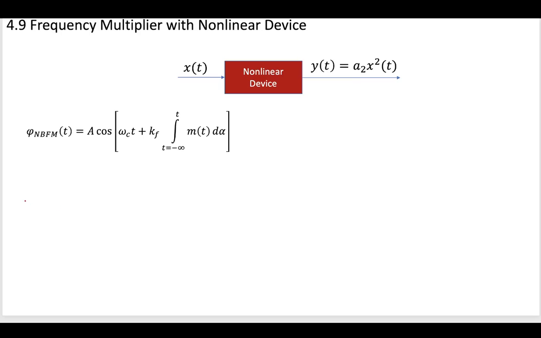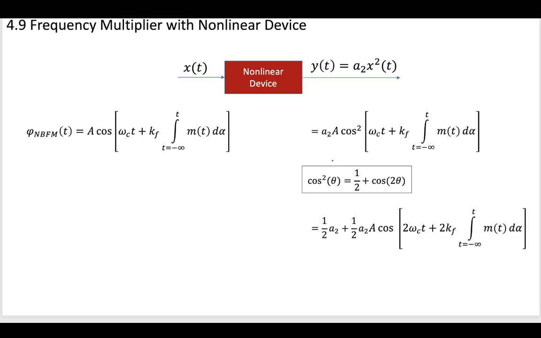So what happens if we put a narrowband FM signal in? At the output, we would get some higher order term, right? It would go from this cosine only up to some higher order cosine wave term. So that's going to add some higher order terms, and we can see that if we were to use some trigonometric identities, we could convert this into cosine only terms.